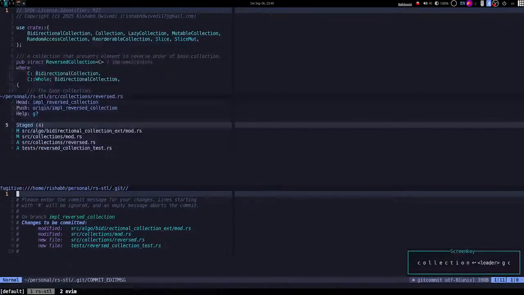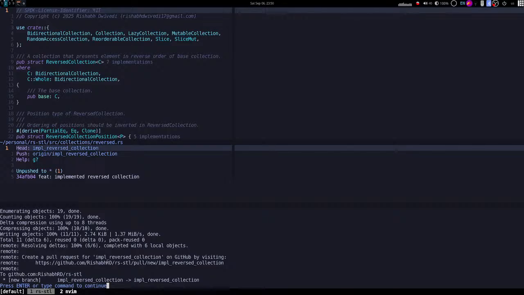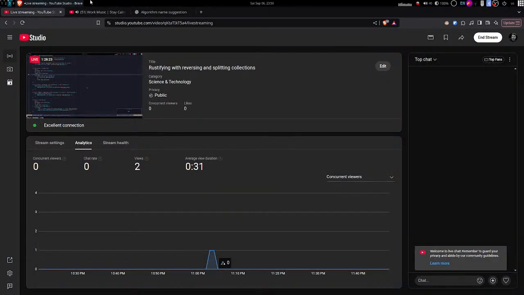Okay, feat implemented reversed collection. Let me open a PR for the same, so that I can actually check if my cargo clippy is working well, right? So that should be the case. My cargo clippy should be working well.